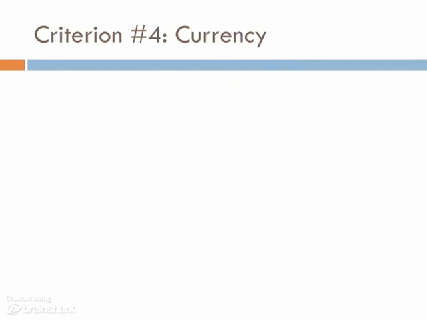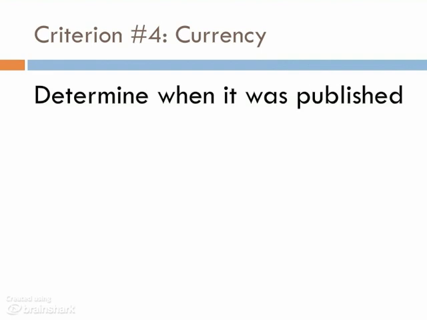The fourth criteria is currency. You want to determine when the information was published. You want to make sure that all the information that you're finding is fairly recent, because all kinds of information is changed because of new developments in certain fields or new kinds of technology and things coming about.